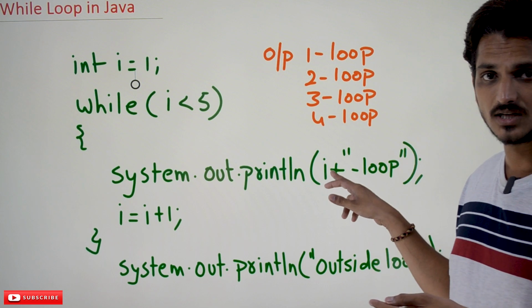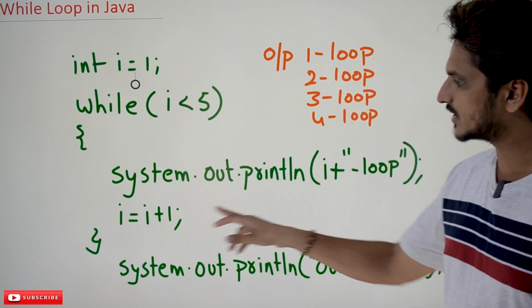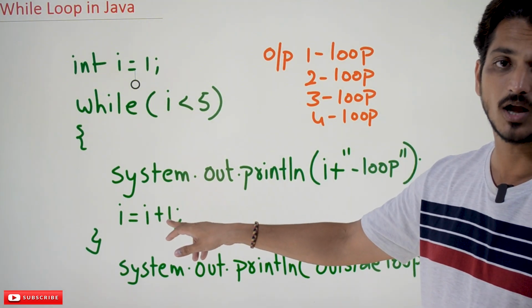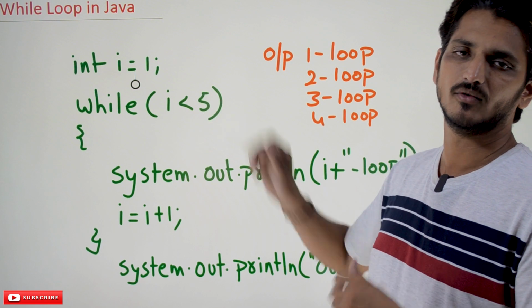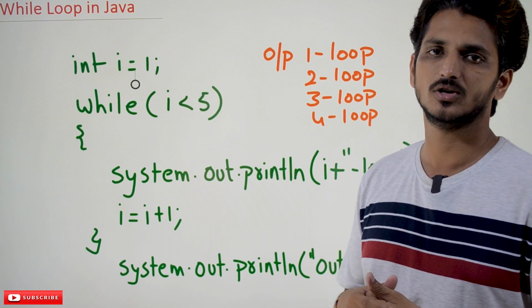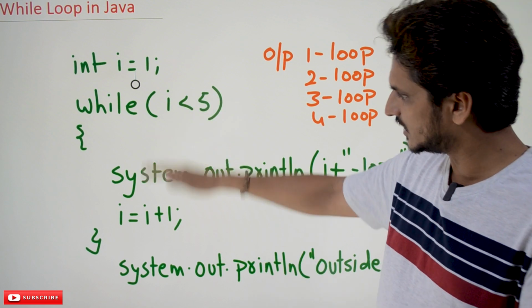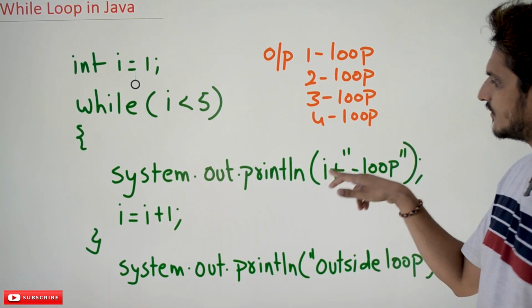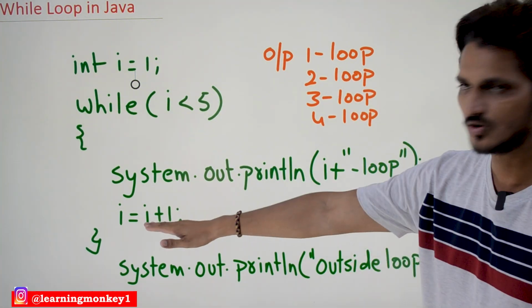What's the value present in i? 1. So 1 hyphen loop will be displayed. After that i is equal to i plus 1. Now the i value is 2. Again check the condition, 2 less than 5. Yes, the condition is true, so it will execute System.out.println of 2 hyphen loop. Again i is equal to i plus 1.